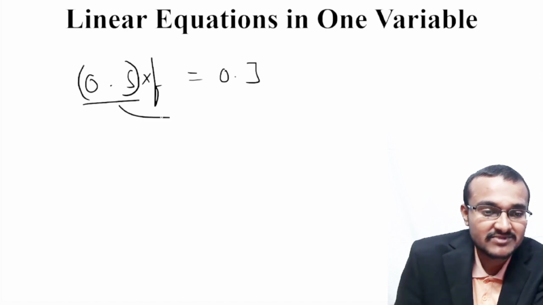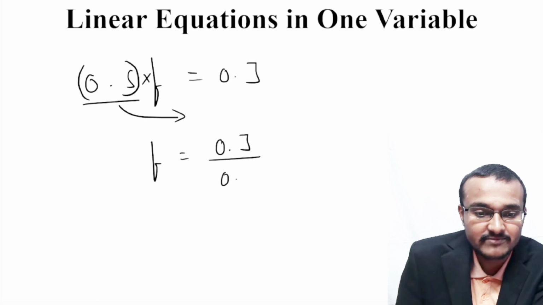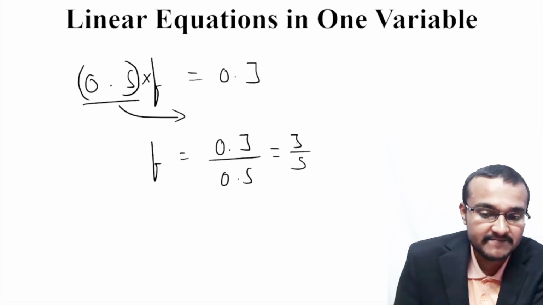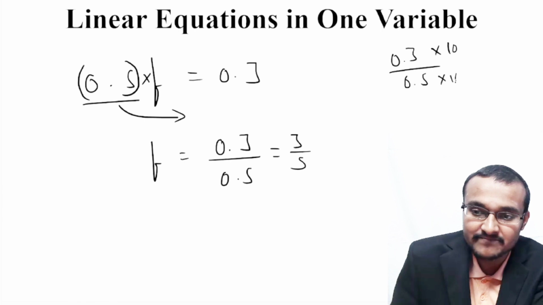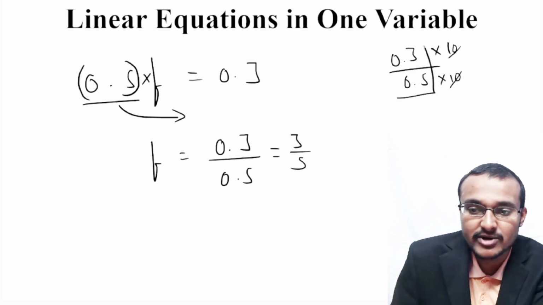Here this multiplication, when you bring it to the RHS, will become division. So f will be equal to 0.3 divided by 0.5. This is actually 3 by 5 if you multiply 10 on both numerator and denominator. Whenever I am converting this 0.3 by 0.5, I am multiplying both numerator and denominator with 10, because both these 10s can get cancelled, and again 0.3 by 0.5 will remain as it is.